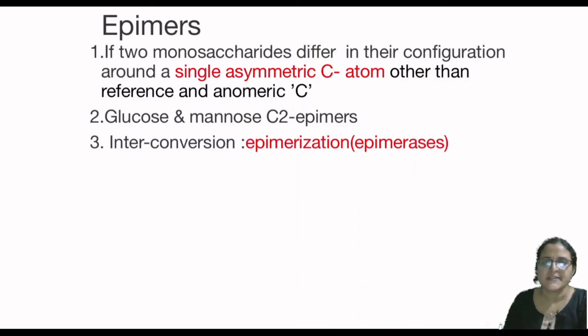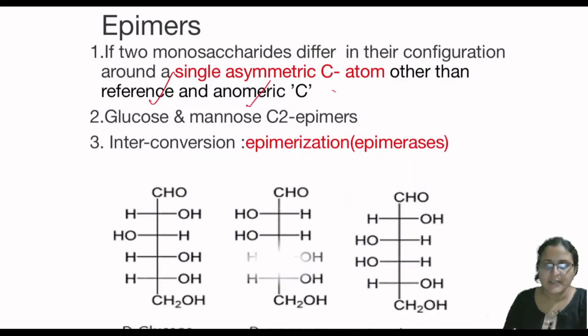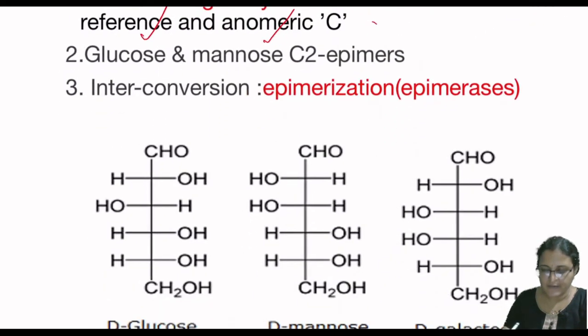than the reference and anomeric carbon, this term is important, other than the reference and anomeric carbon. Example, glucose and mannose, they are C2 epimers, and there is an enzyme epimerase which causes the interconversion. See, this is the structure of glucose and mannose.